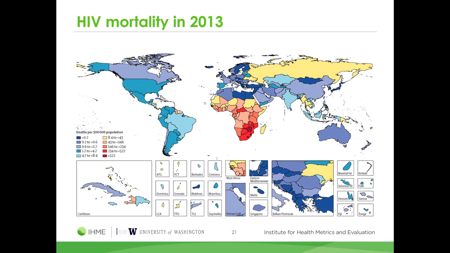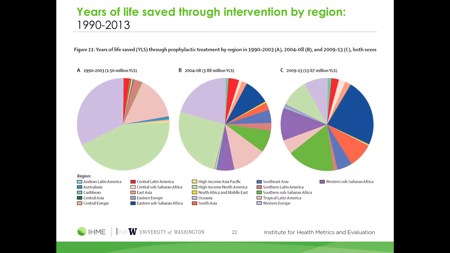Now, one thing that you can do in the modeling is to run a counterfactual assessment where we said what would have happened to HIV mortality if you did not have ART and you did not have PMTCT, prevention of mother-to-child transmission. And the answer is that a huge number of extra years of life have already been added. So during the period in just the last 5 years, 2009 through 13, there's been almost 14 million extra years of life lived because of those interventions.